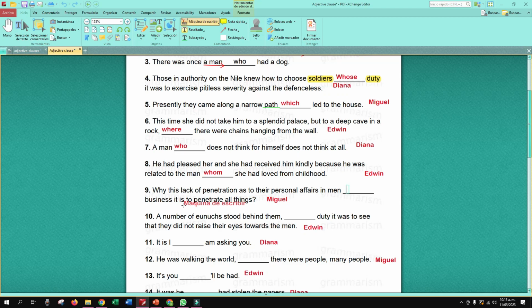Business. So you can say whose, right? It means whose business, because you have this business, right? It is to penetrate all things, right? That would be whose there. Nice. 10. Edwin, which would be that one?